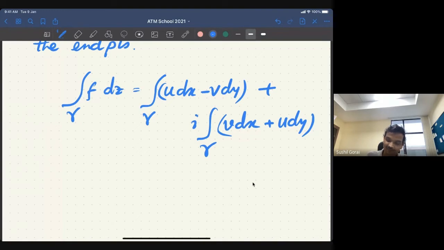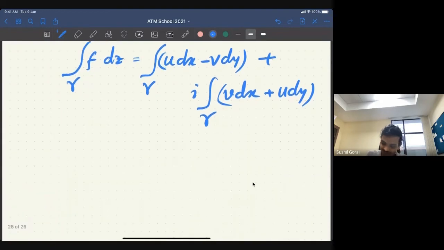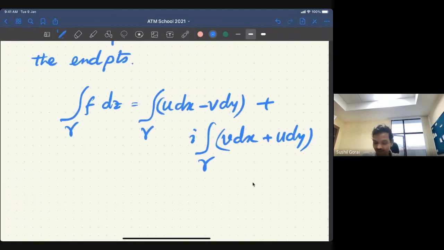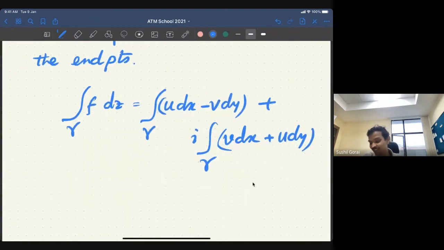All right. Now this individual one depends only on the endpoints. What does it mean?